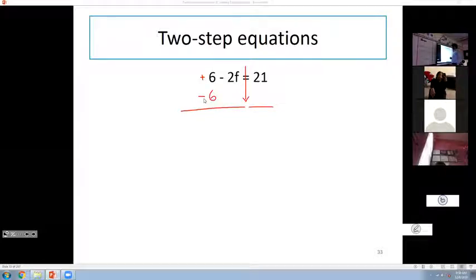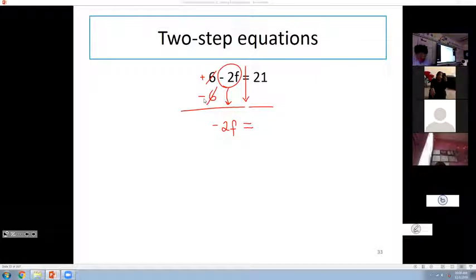Okay. So 6 minus 6 is equal to 0, as you see. And bring the second term down. It is negative 2f. And then this is the equal sign. Do you think, Jada, the right side is going to stay 21 as 21?